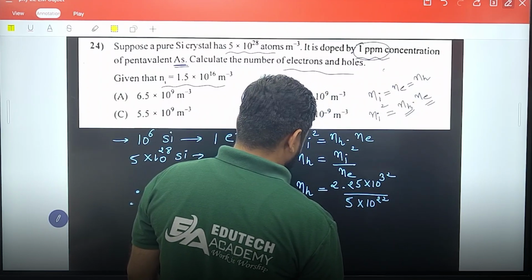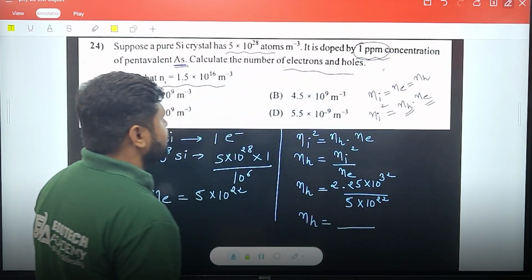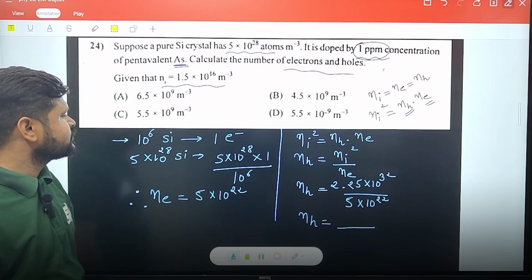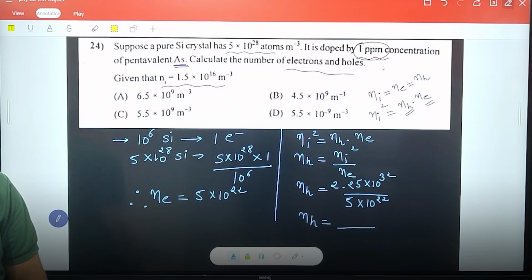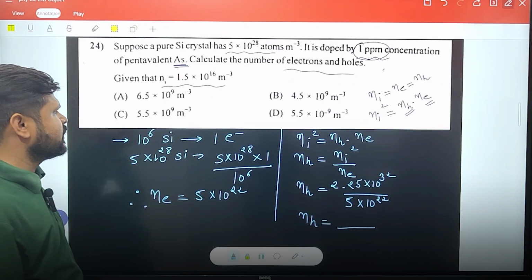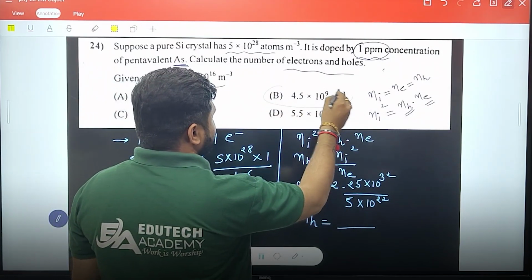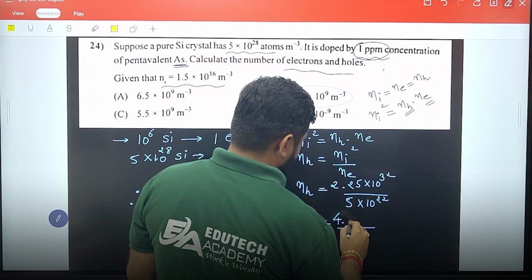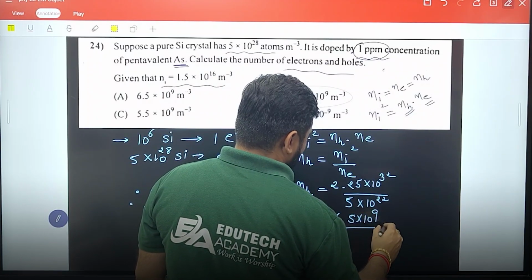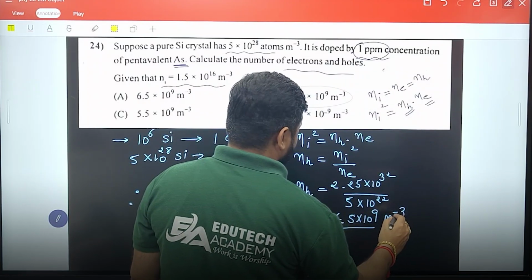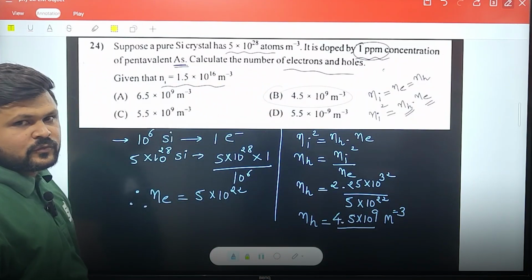So when you solve this, your answer will be 4.5 into 10 raised to 9. This is option B. Okay, this will be your answer per meter cube. So this is MCQ number 24.